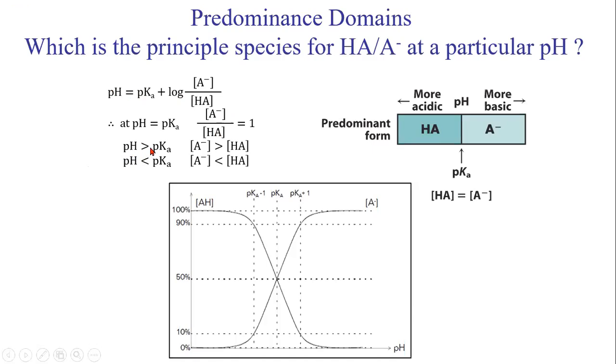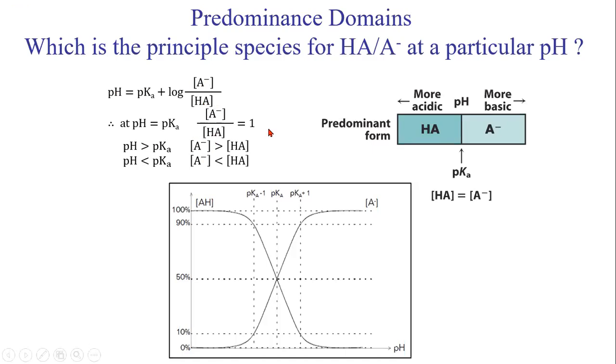What if my pH is greater than my pKa? So I'm looking at this area where my pH is greater than my pKa. Take the pKa to the other side. This becomes a positive number, because a larger number minus a smaller number is positive. 10 to a positive number is greater than 1, right? Positive 1, positive 2, positive 0.5. So A minus will be greater than the HA.